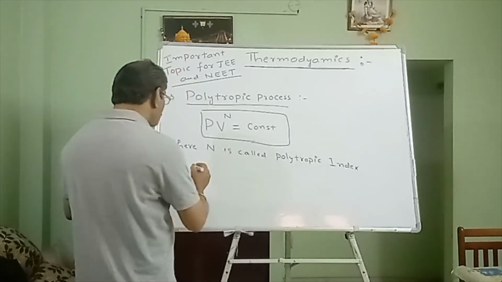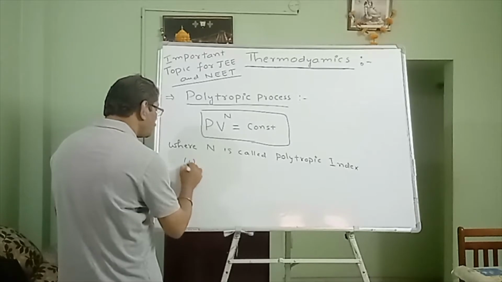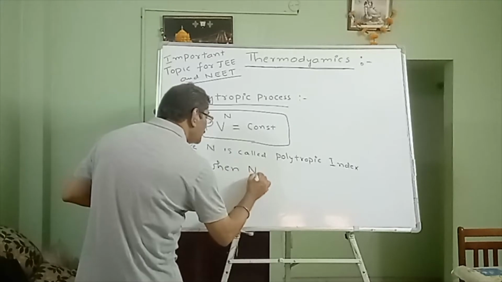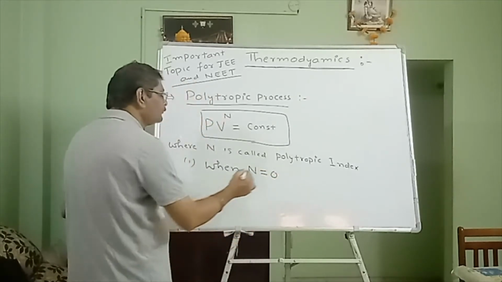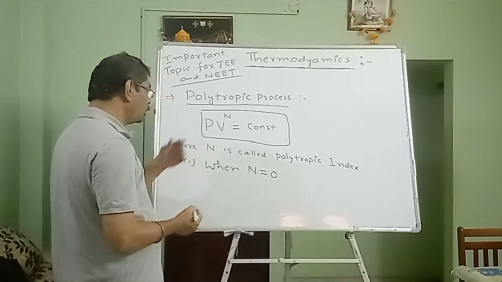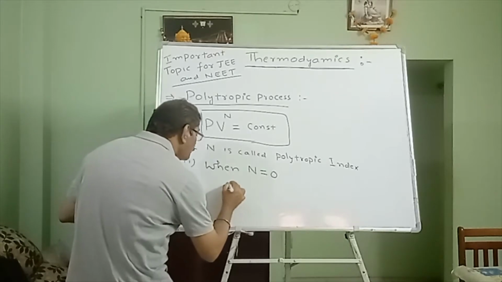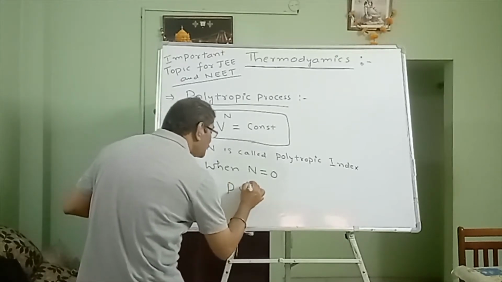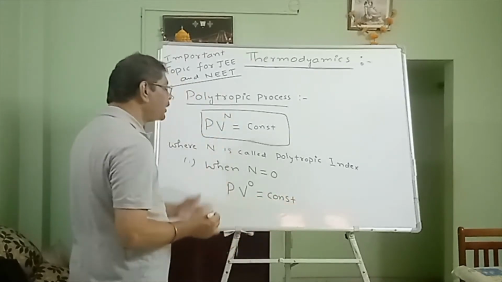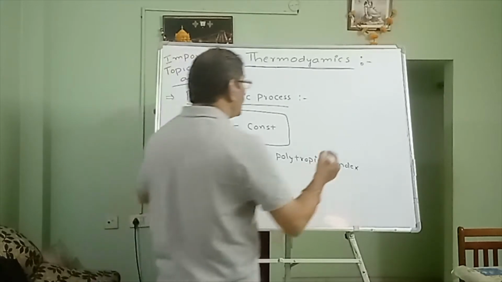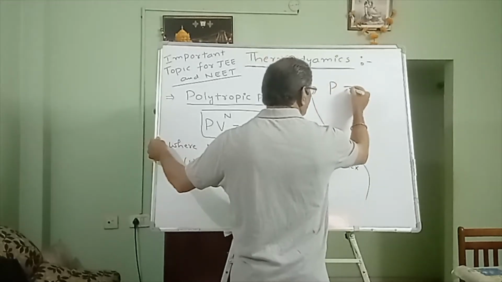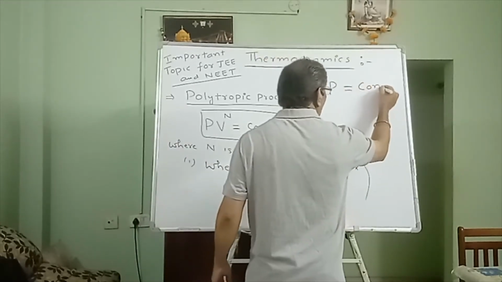First of all, I will take N equal to 0. If N equals 0, then PV^0 equals constant. V^0 equals 1, so we get P equals constant.